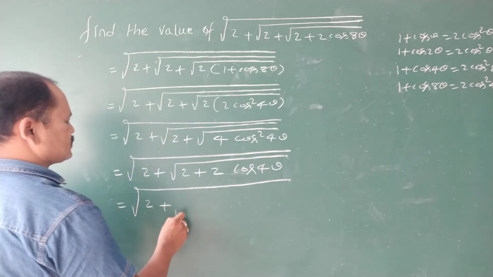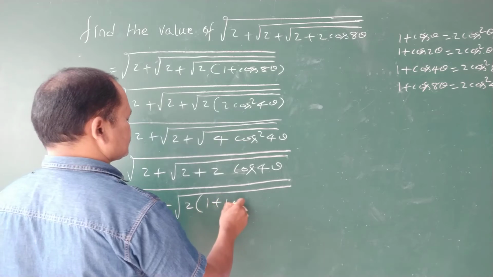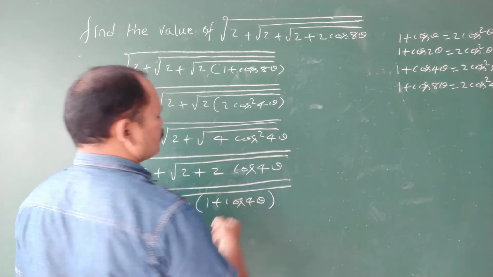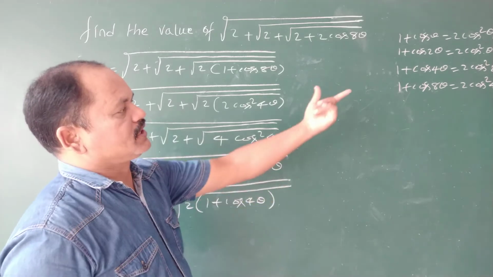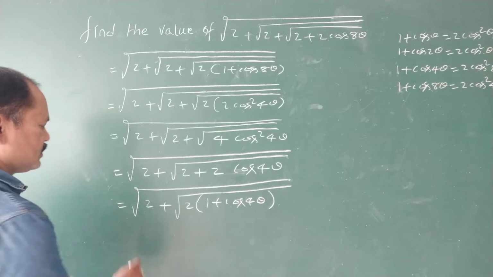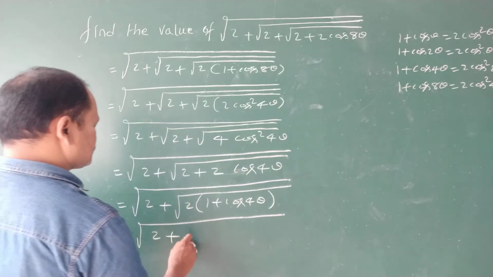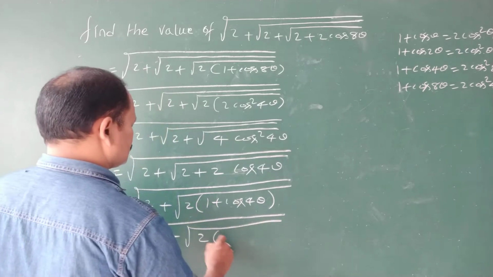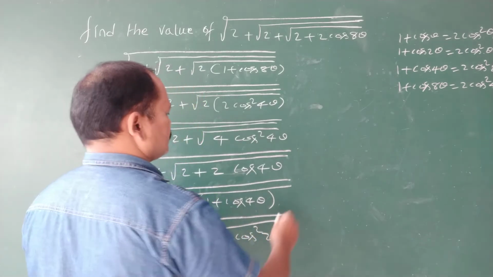2 plus square root of, take common 2 from this, then it is 1 plus cos 4 theta. Again, what is 1 plus cos 4 theta? That is 2 cos square 2 theta. That's why here we have to write square root of 2 plus square root of 2 times of 2 cos square 2 theta.